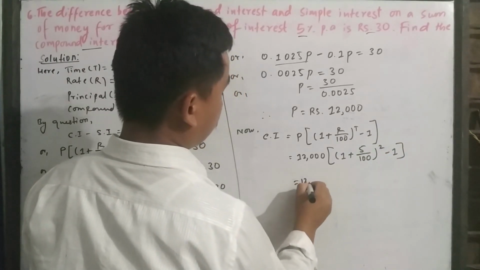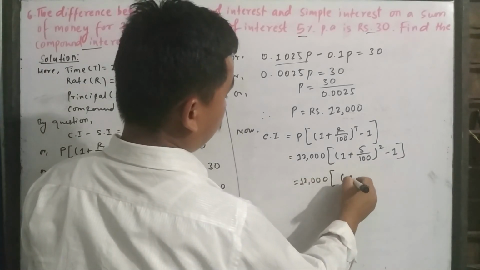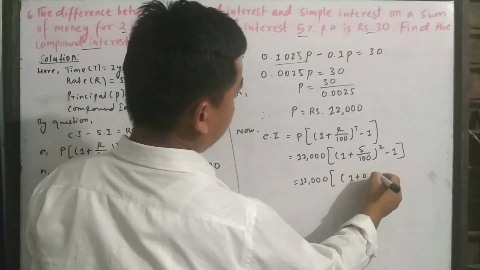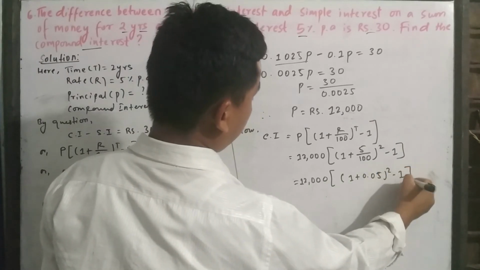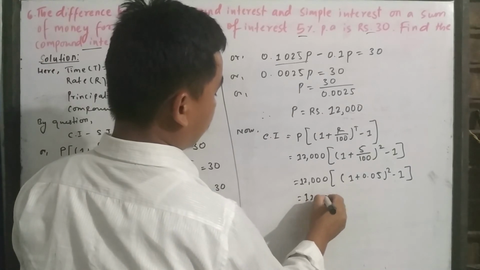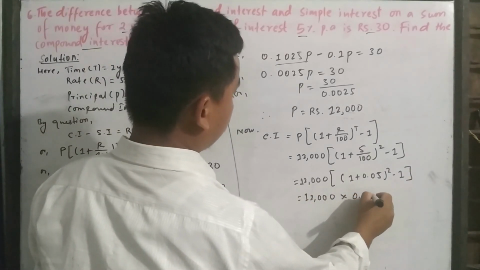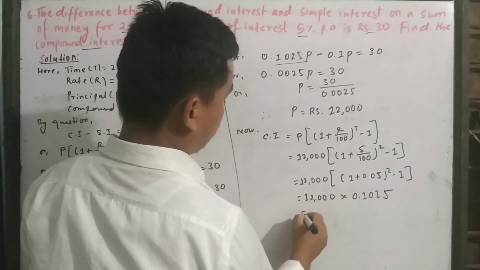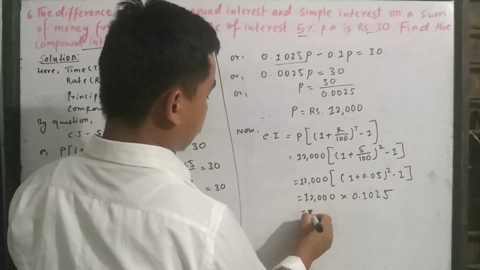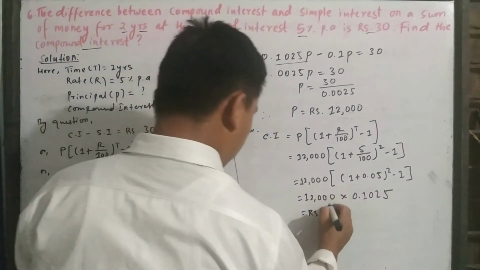It will equal to 12,000 into 1 plus 0.05 square minus 1. If we calculate this without the calculator, then we will get 0.1025. If we multiply this, we will get rupees 1230.